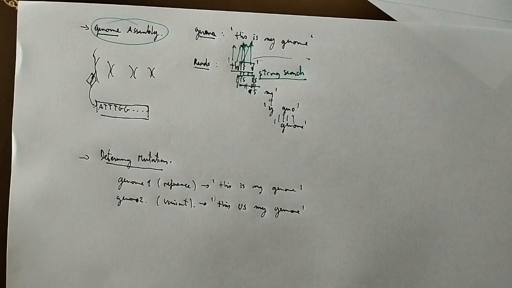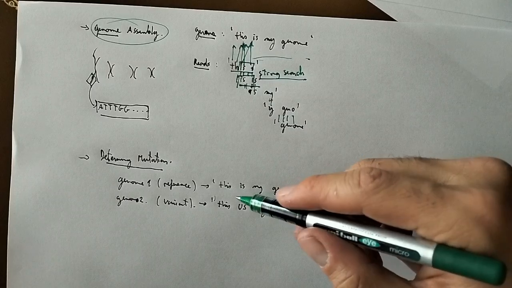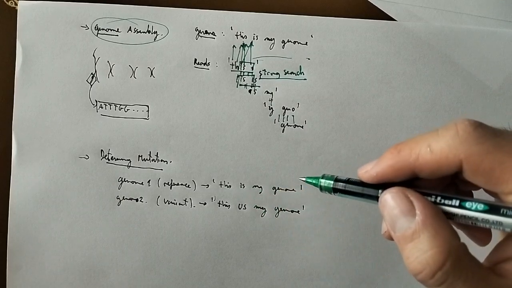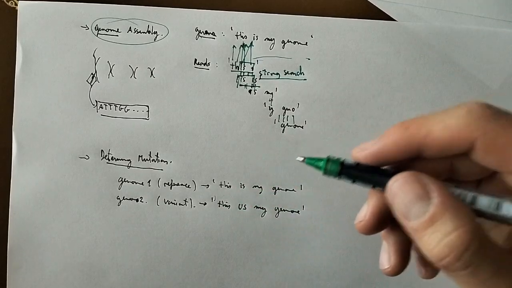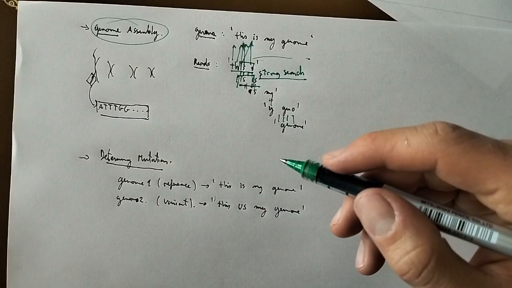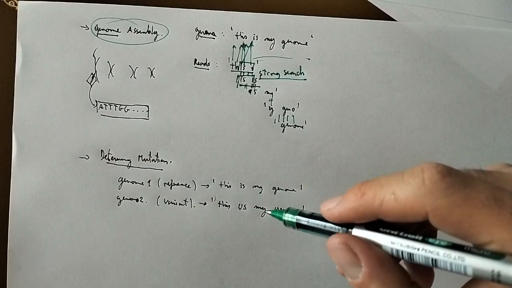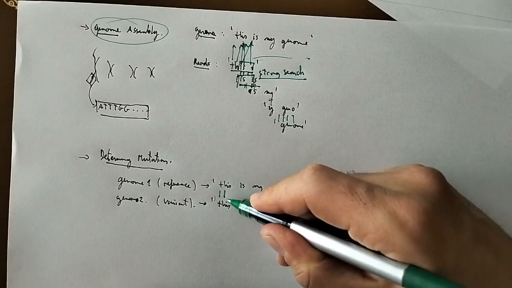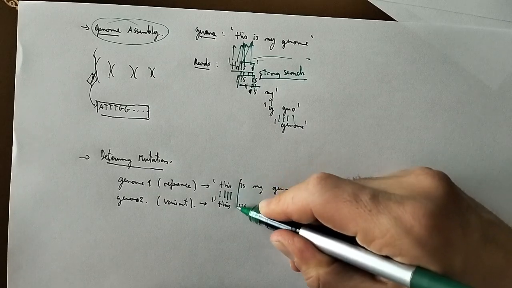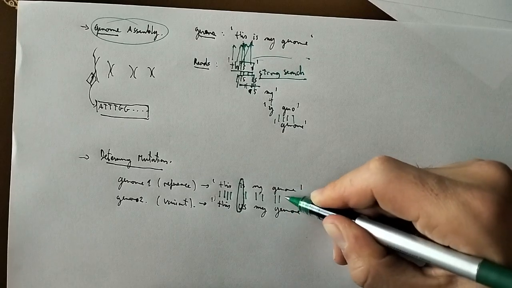Now, if we want to determine mutations, we need to compare the different characters that are forming our sequences. Let's imagine that for this example we are using the Hamming distance. So we are comparing character by character, and we see that here we have a difference, and otherwise we don't have any difference.